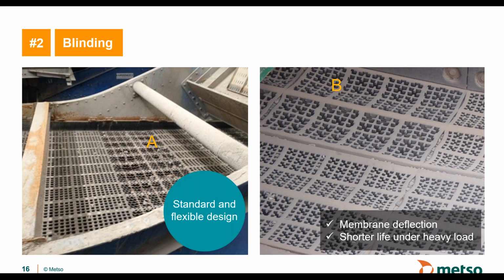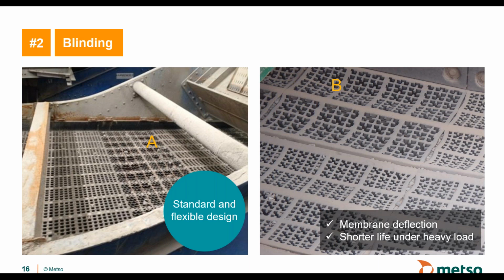If you look at, for example, the left-hand side, location A, here the flexibility when you have a high material load means that you deflect the membranes, you separate the ligaments, and the lifetime will obviously be shorter compared to the other modules before and after that location.